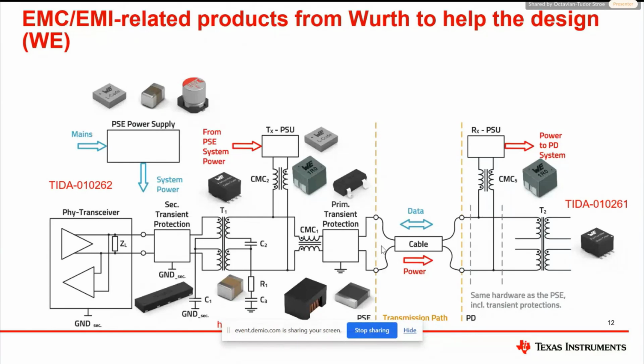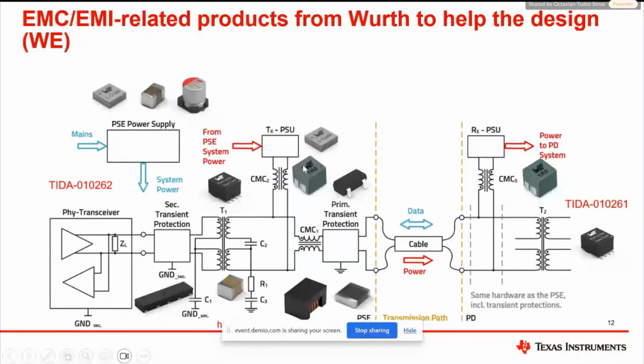We can also see the coupling and decoupling network, the CDN, which is formed by CMC2, the common mode choke 2, or common mode choke 5, depending on whether we're talking about the PSE or the PD system. Power and data are coupled together at the interface through the power coupling and decoupling network. The PHY is AC coupled by the data transformer, T1, in both cases, T1 and T2.